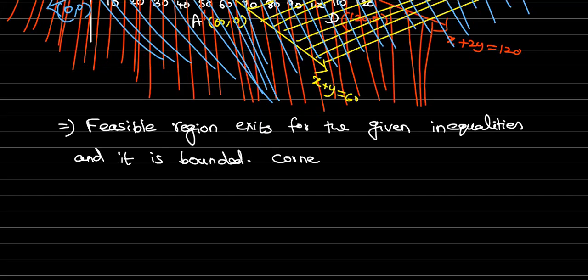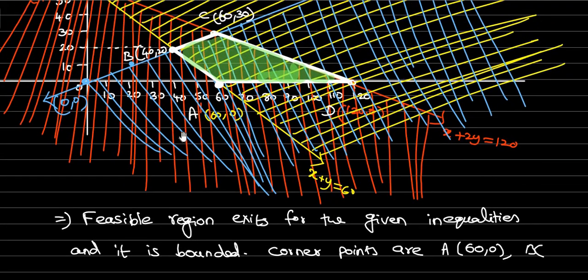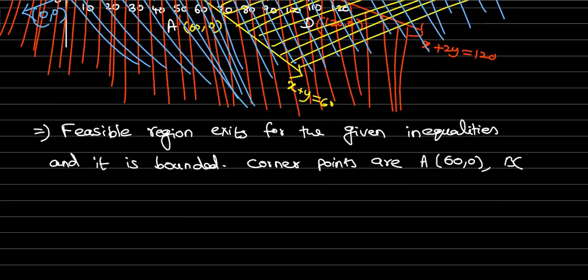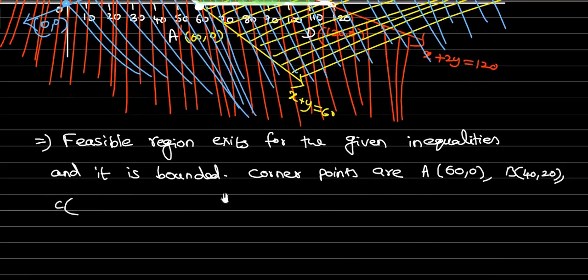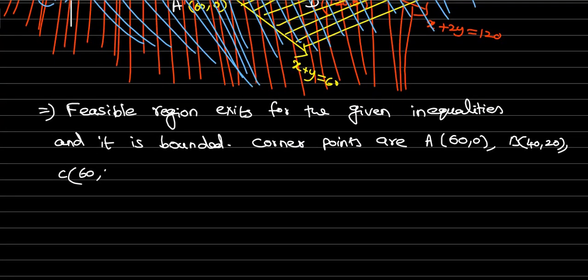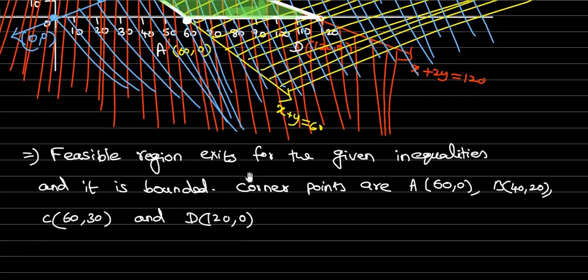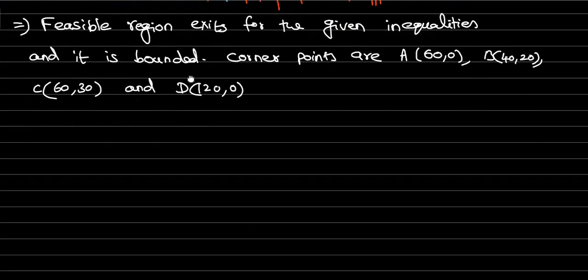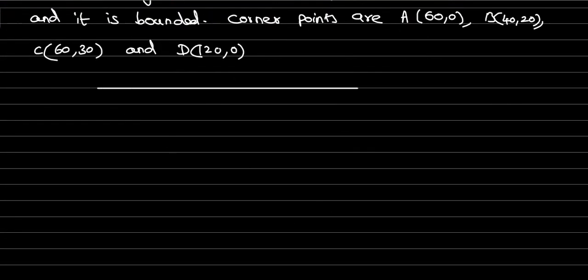Corner points are: A is 60 comma 0, B is 40 comma 20, C is 60 comma 30, and D is 120 comma 0. Four corner points. Now all these corner points we have to substitute in the given Z.